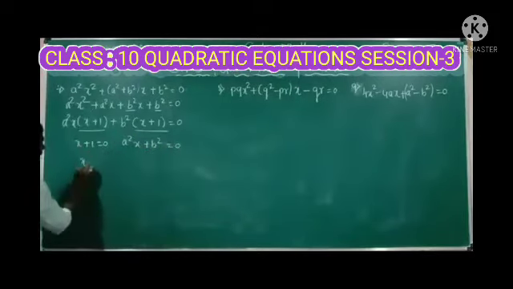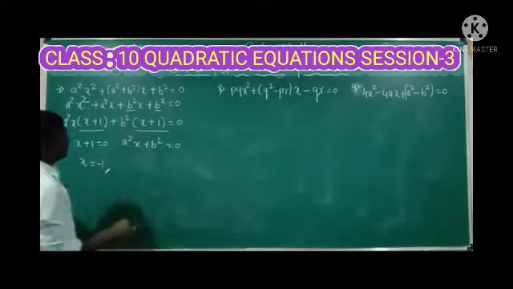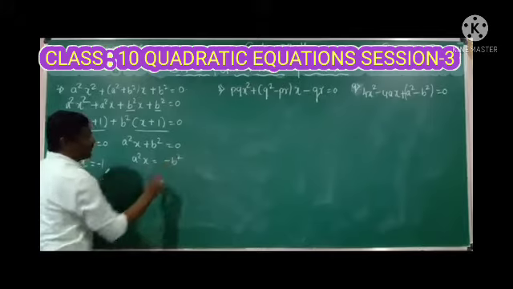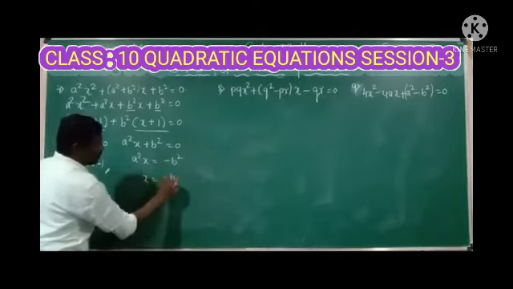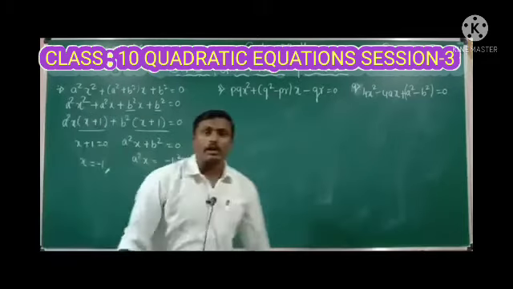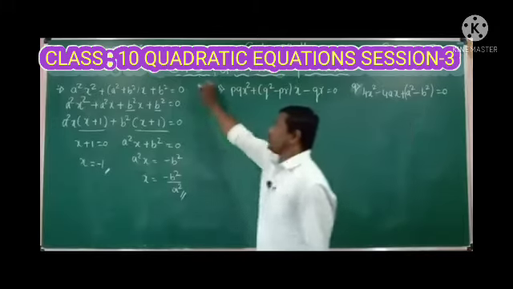Here x plus 1 is equal to 0 means x is equal to minus 1, and a square x is equal to minus b square, x is equal to minus b square divided by a square. So these two are the required roots of the quadratic equation.